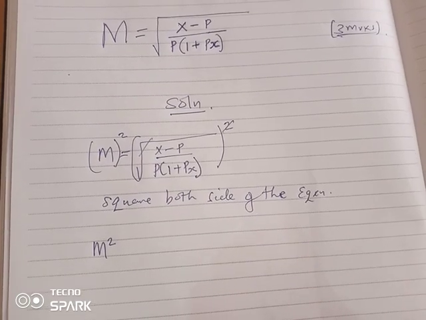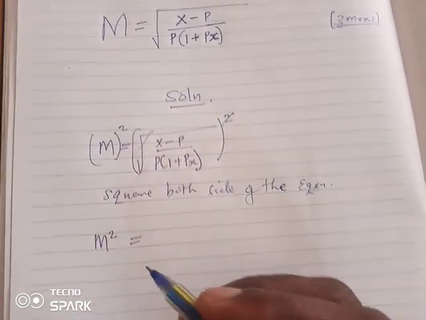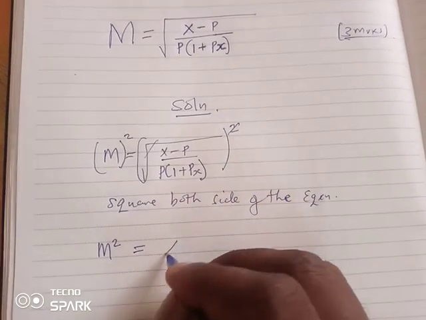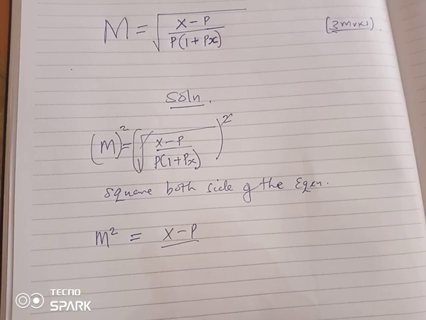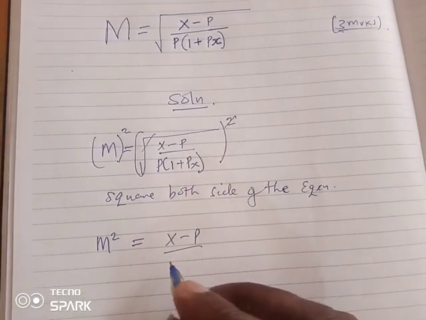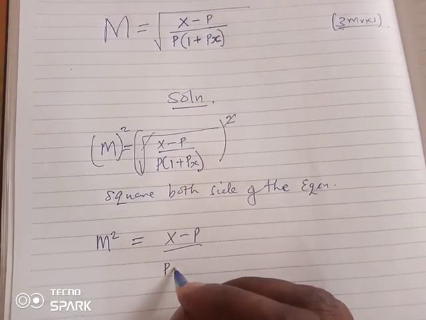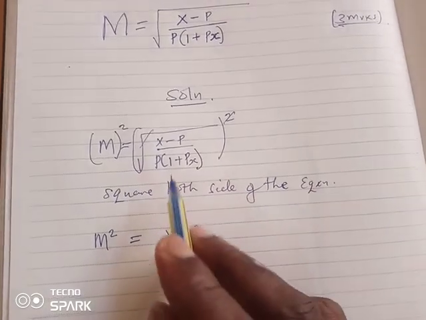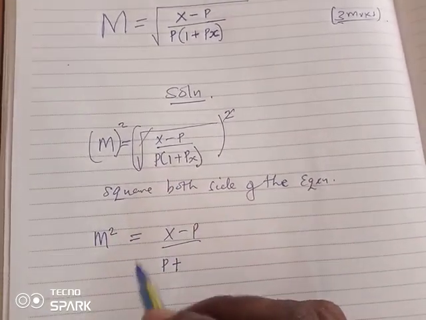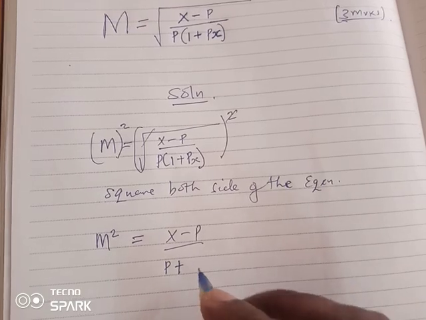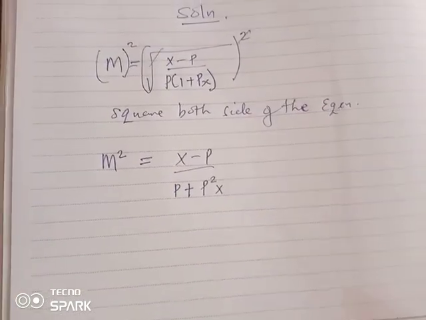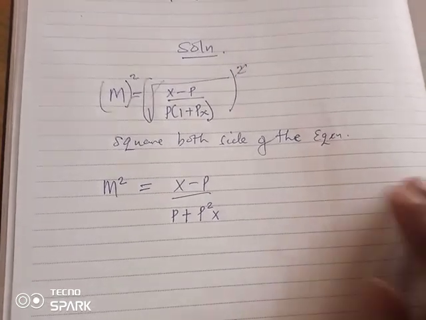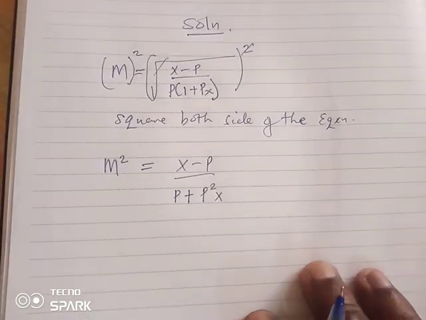It cancels out. So the numbers are left hanging, and therefore we have our letters as x minus p all over p plus, breaking the lower bracket directly, p times 1 is p, plus p squared x. So the equation is being simplified slowly, step by step.